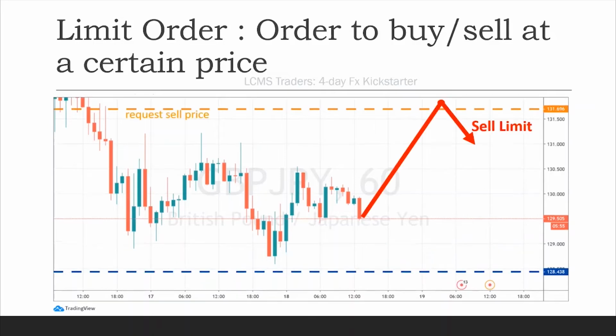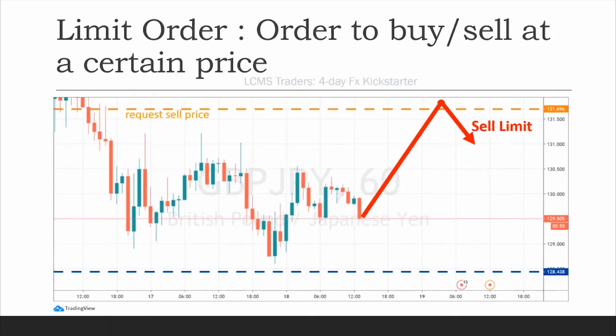On the other hand, if you're looking at a sell limit, you think that if it hits that point, it's going to start turning back down. In this example, you could be entering a sell limit order at 131.69.